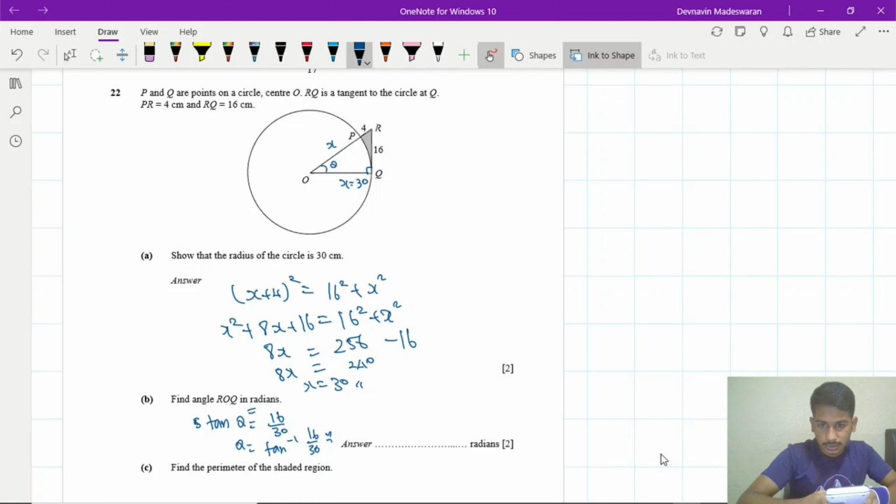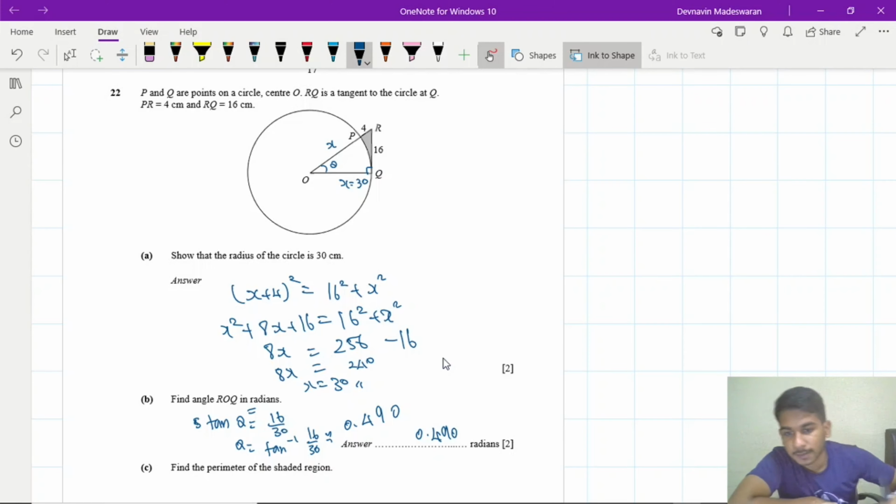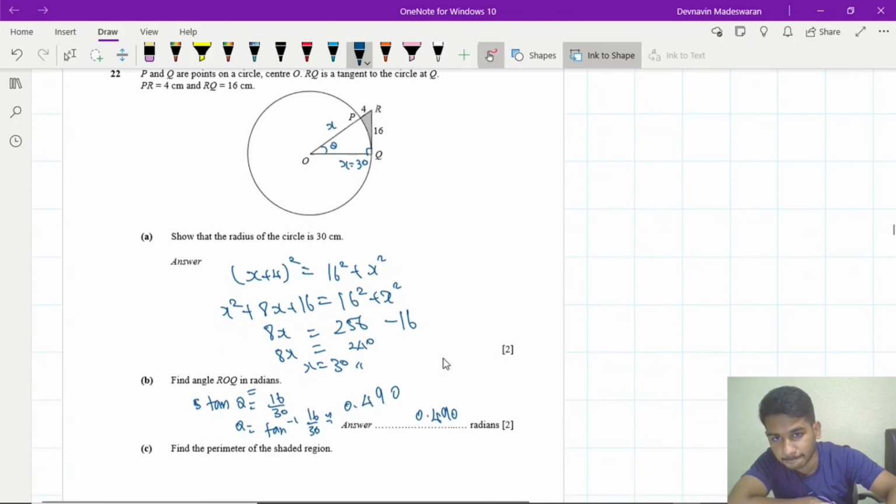Tangent inverse of 16 over 30, and I need to change it to radians. It's going to be 0.490 radians.